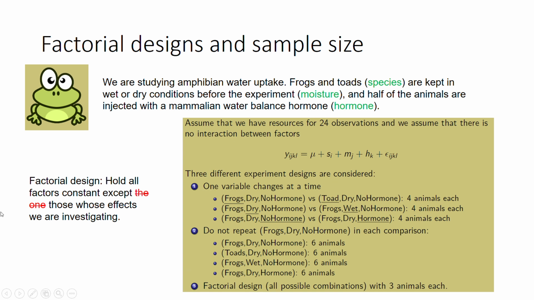So actually the factorial design advice is: hold all factors constant except those whose effect you are investigating. Those effects that you're investigating here, species, conditions, and hormone, should be varied as much as you can, as suggested by this factorial design.